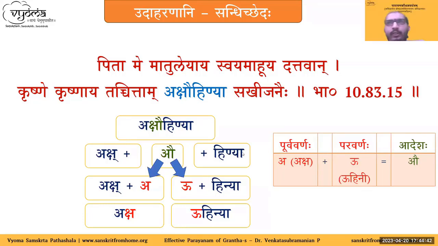Let us not get into the rules or conditions for that, but just remember, if we take uhini as a separate word, then at the end there should be the dantya nakara. But if it is joined with the aksha shabda, then we get the murdhanya nakara. So then it becomes akshauhini, or here akshauhinya, because of the aksha.